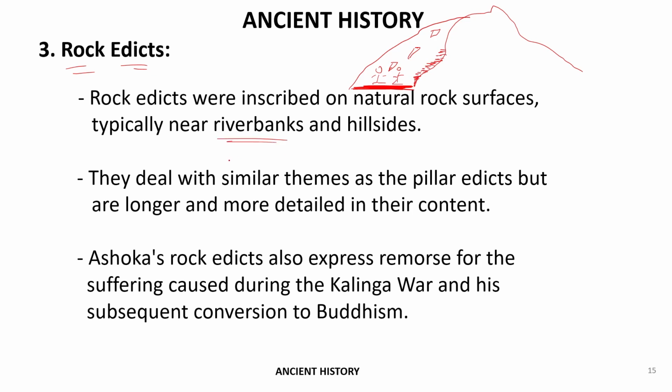Okay. He also used the river banks area because lots of people from outer areas would come from their side. So that's why he also used riverside areas and river bank areas. Got it? They deal with similar themes as the pillar edicts but are longer and more detailed in their content.